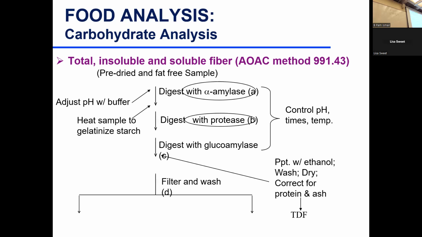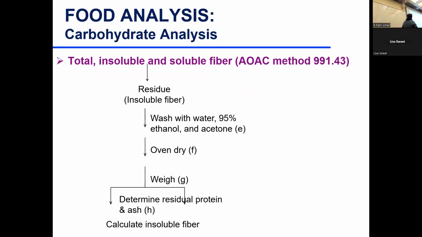I have the aqueous that has my soluble fiber, and I have the non-soluble fiber. So I separate those. So the one that is the residue on the filter, that would be your insoluble fiber. You wash with water, ethanol, other alcohol, dry, you weigh, you correct for protein and ash. You get the insoluble fiber.